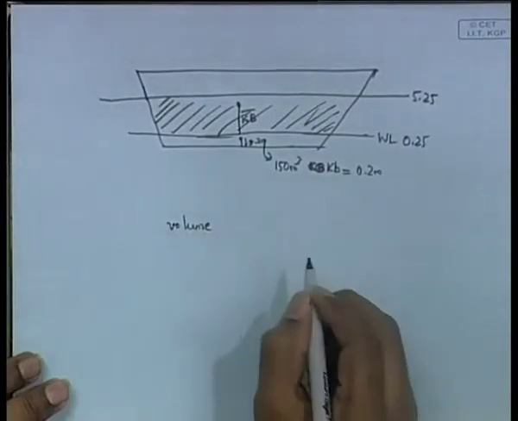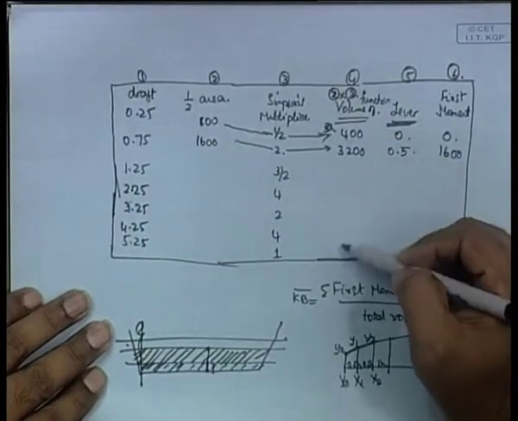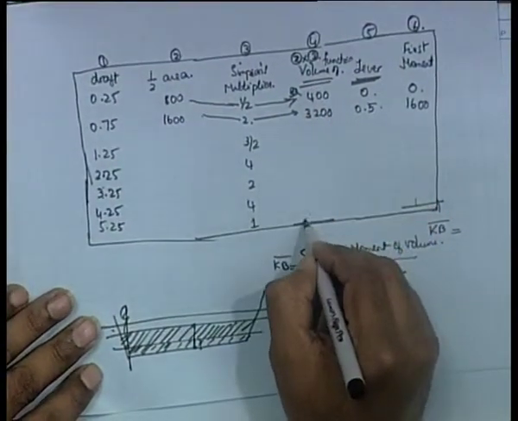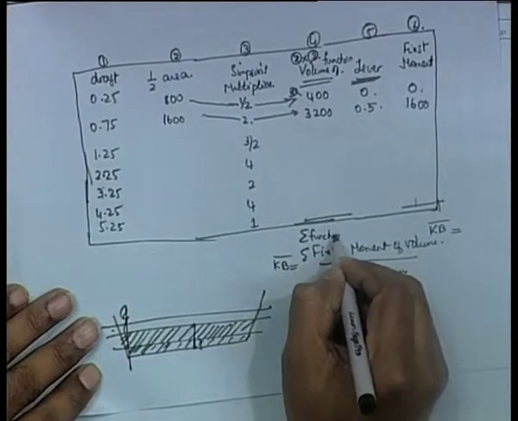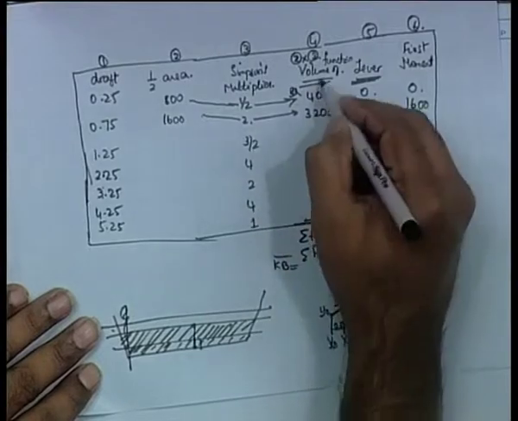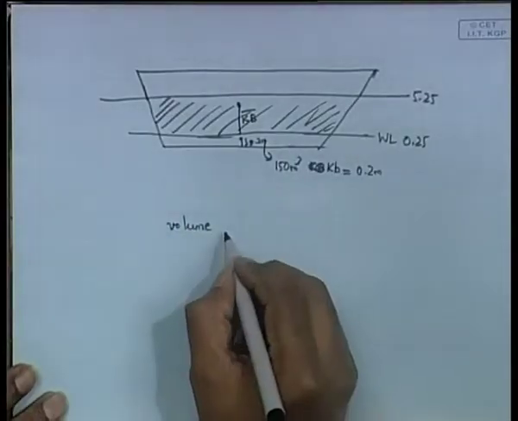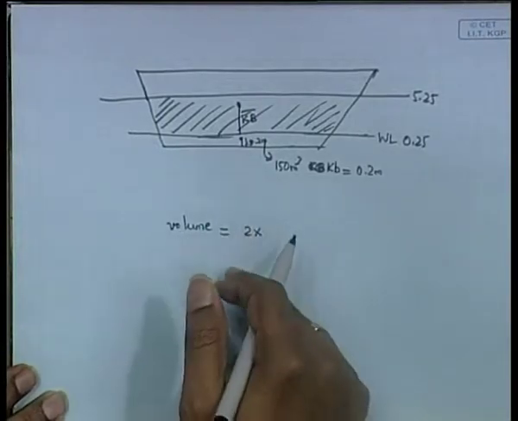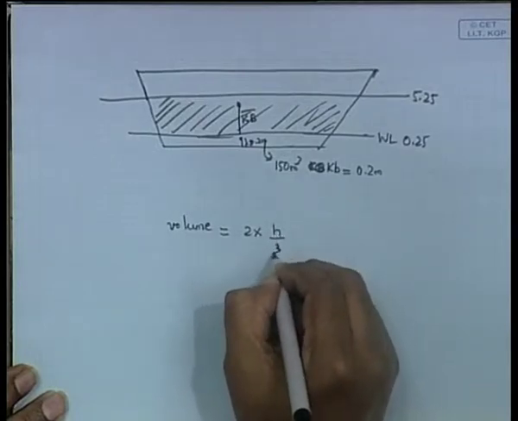Therefore, volume is this, we are using this function of volume. First of all you have these functions of volume, let us sum them up and call this sigma function of volume. Okay. Means all this is added up, that is the meaning of sigma function of volume. So, the total volume really is 2 times this, because it is half ordinate. So, you need this 2, and that will give you the total volume, 2 into this formula.